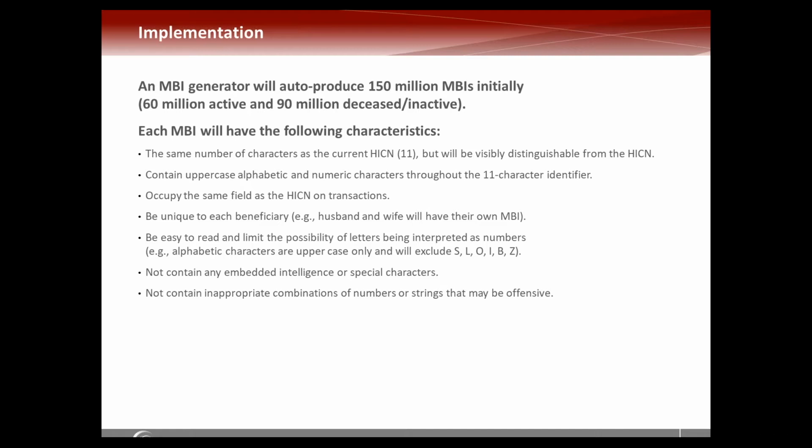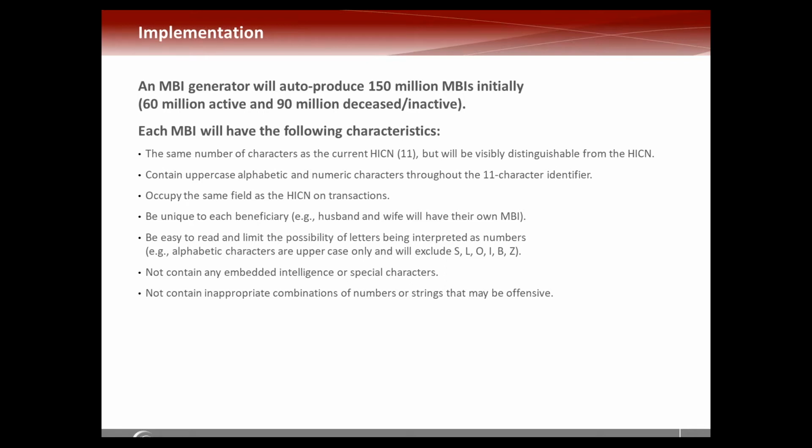Now, the MBI will have some very distinct characteristics. First of all, it has the same number of characters as the current HICN. That's 11. But as we'll see shortly, the MBI is visibly distinguishable from the HICN. You can't mistake the two numbers.